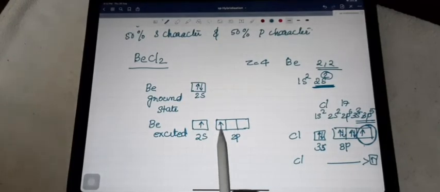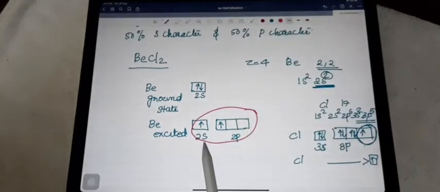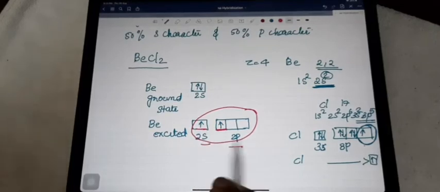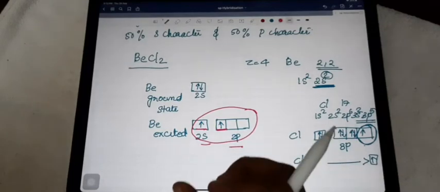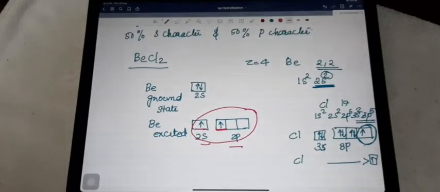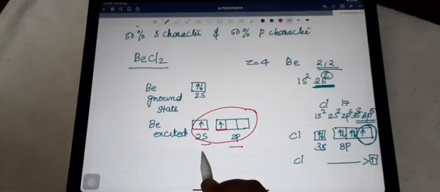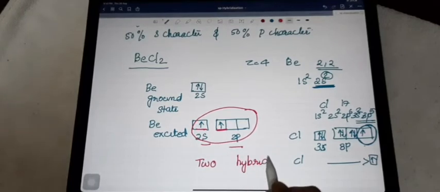Then what is the next procedure in the hybridization? After getting 2 half-filled orbitals, the next step is hybridization. Hybridization means intermixing of these 2s and 2p orbitals: one orbital from 2s and one orbital from 2p. We already studied in the characteristics that however many atomic orbitals are intermixing, that same number of hybridized orbitals are formed. So here 2 orbitals are mixing, so 2 hybridized orbitals are formed. Then what is the hybridized orbital's name?